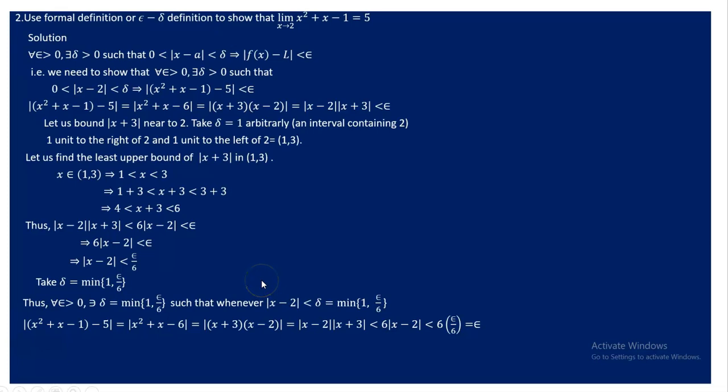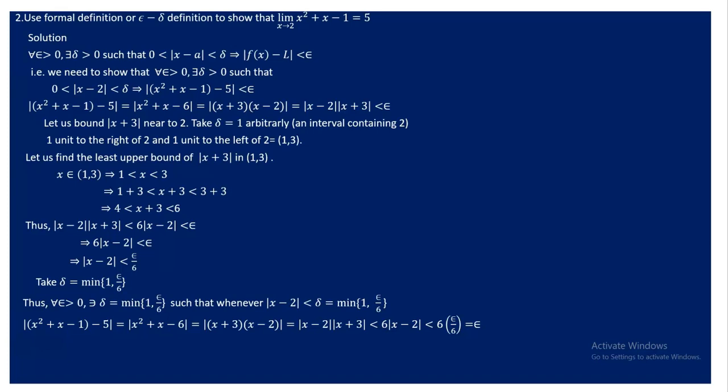The idea can also be verified the following way. Suppose you took a certain number epsilon, for instance 0.6. I actually took 0.6 arbitrarily. If you take 0.6 as a small epsilon value, your delta is going to be 0.6 divided by 6, because delta is epsilon over 6.